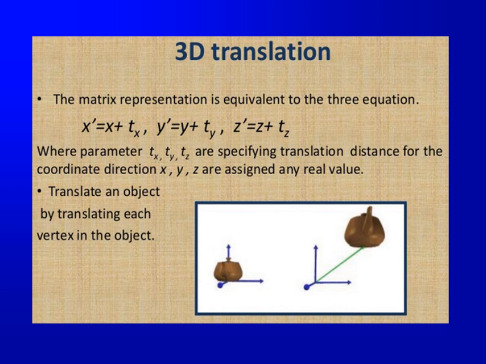So basically tx, ty and tz specify a translation distance for the coordinates x, y, z, and can be assigned any real value. So basically, translate an object by translating each vertex in the object. Okay.